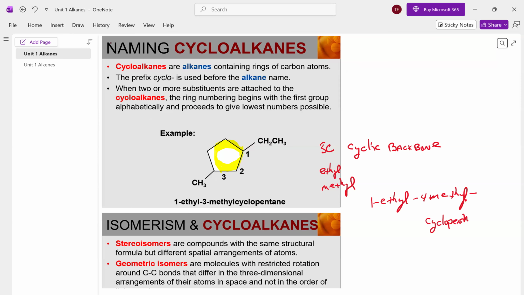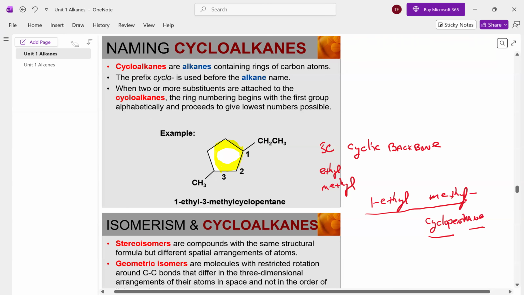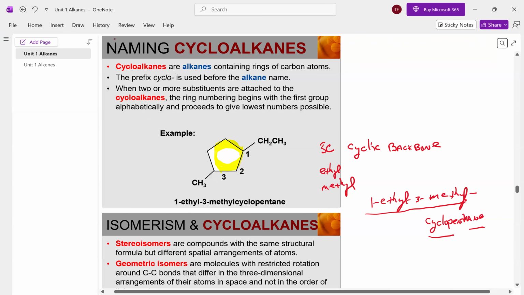Cyclopentane. So it's on the 3rd carbon. So it should be 3. Oh, it's on the 3rd one, yeah. So this is carbon number 3.